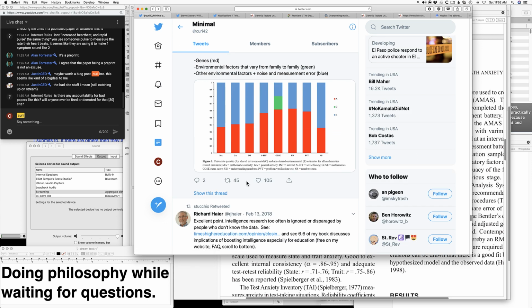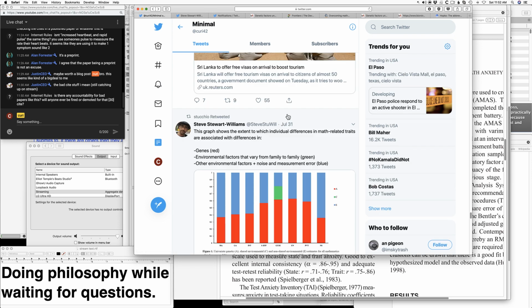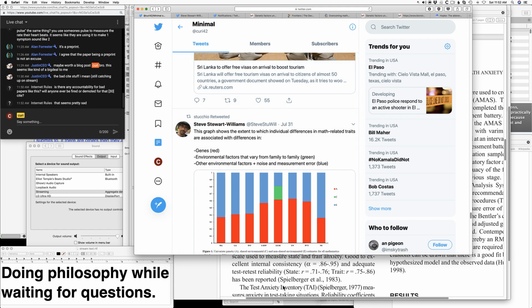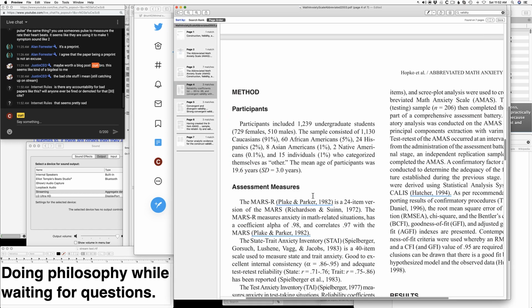So yeah, Stukio retweeted this shit. But it's doing harm. Yeah, science is pretty broken, but it's especially broken in the social quote sciences. There's a reason people make fun of social science in general.